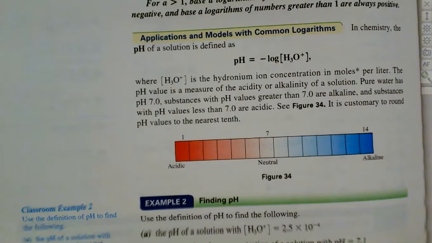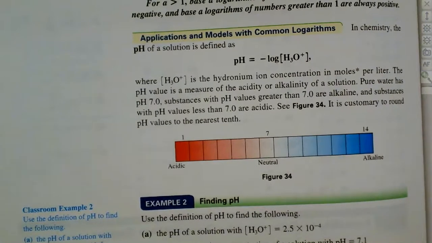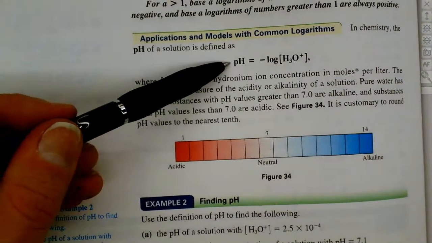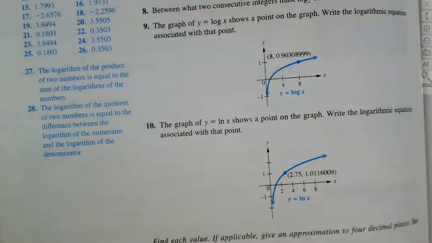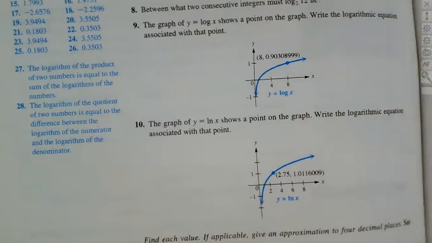So now we're going to learn how to calculate the pH using this formula and the number of hydronium ions. And again, a lot of this is going to be reserved for a chemistry class. All I'm doing is working through the mathematics. If you take a general chemistry course, they're going to focus a lot on pH, and you'll learn about hydronium ions and what they are.